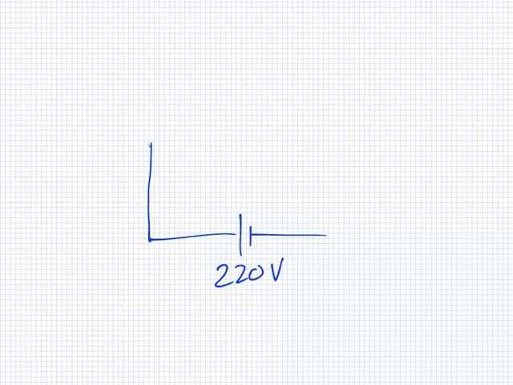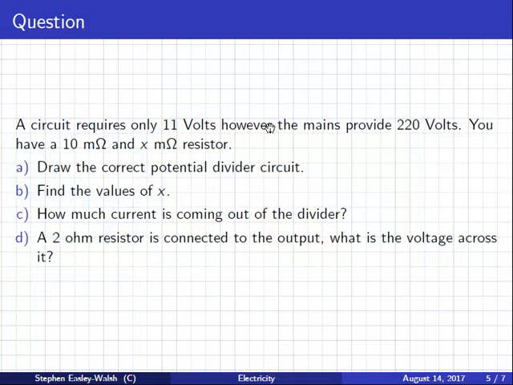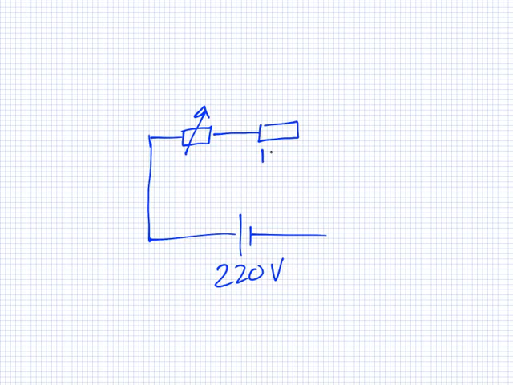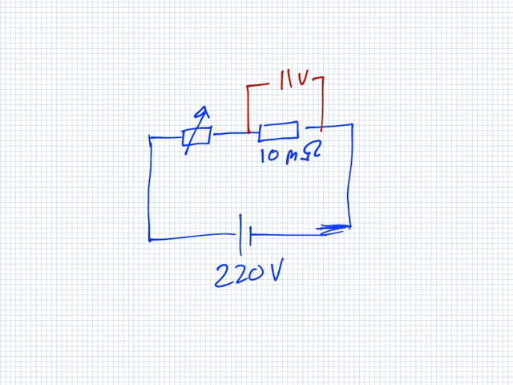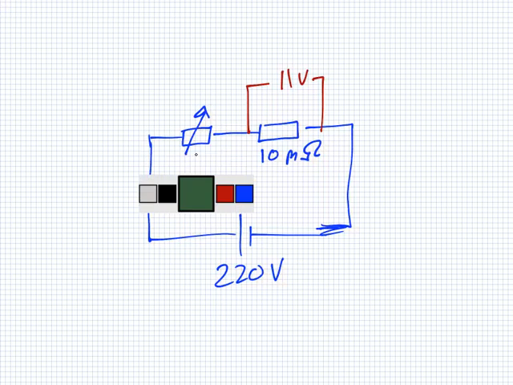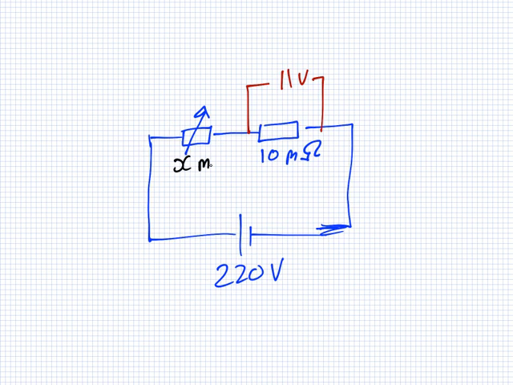Here is a resistor that you can change, and here is a small resistor, 10 milliohms. We would like the voltage here to be 11 volts. We can change this one, so we'll call it X milliohms. The question is, what should we make it so that we get the 11 here for our small resistor?